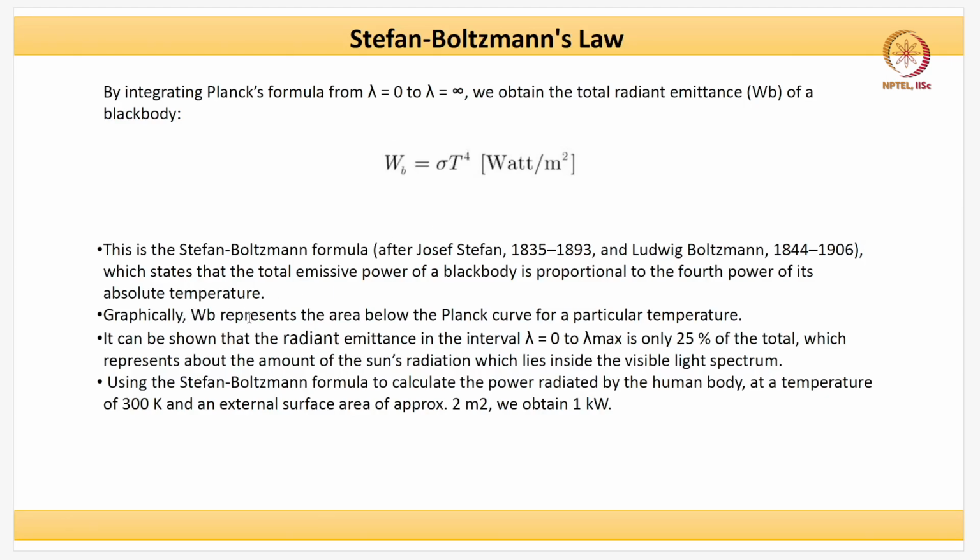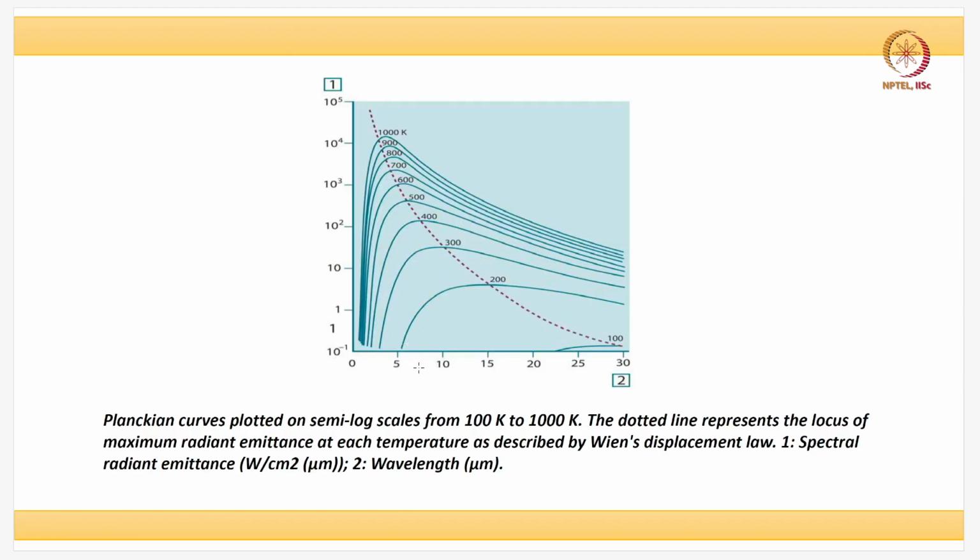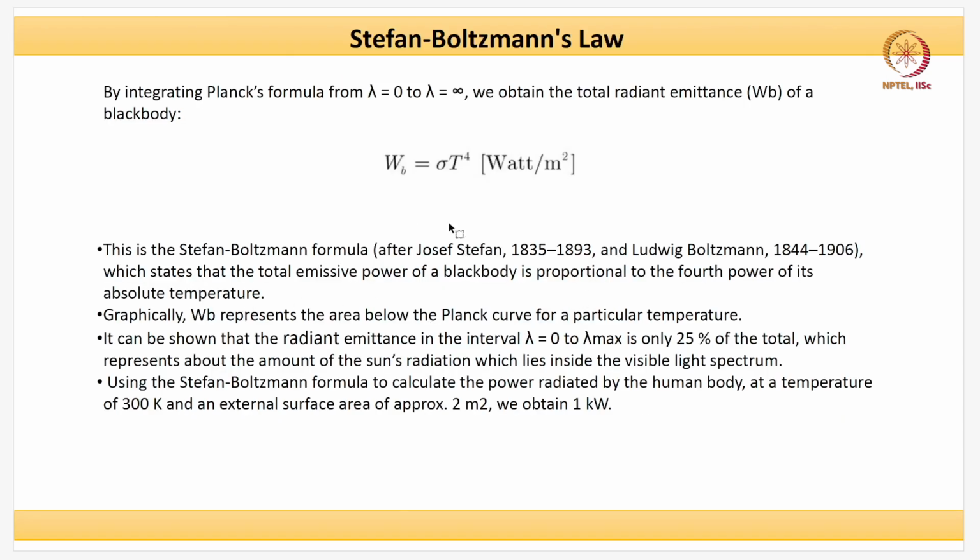This represents the area below a Planck's curve for a particular temperature. If you choose any one curve, the area under the curve gives you W_B, the total radiant emittance. It can be shown that the radiant emittance in the interval 0 to lambda max is only 25% of the total, which represents the amount of the sun's radiation that lies within the visible spectrum.